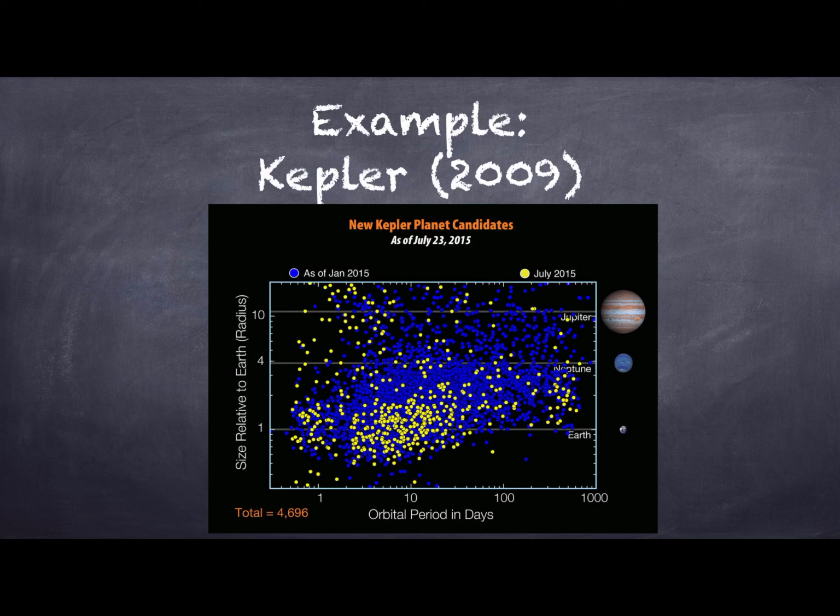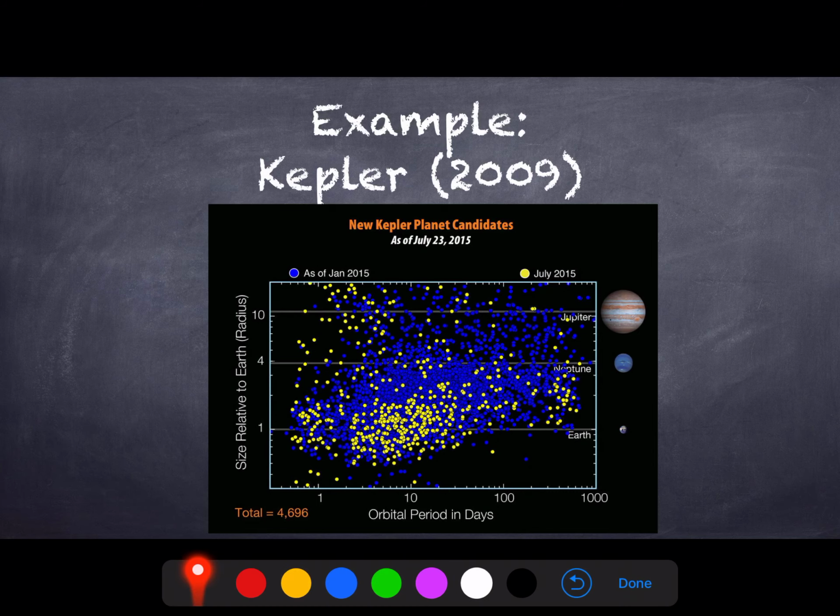We can see here where it says 1, that is the size of the Earth, right here. And most of these planets that have been discovered are larger than that. So probably if I had to guess at the average size of a planet based on this population you see here, maybe it would be around here, right? Around two times maybe the size of the Earth.